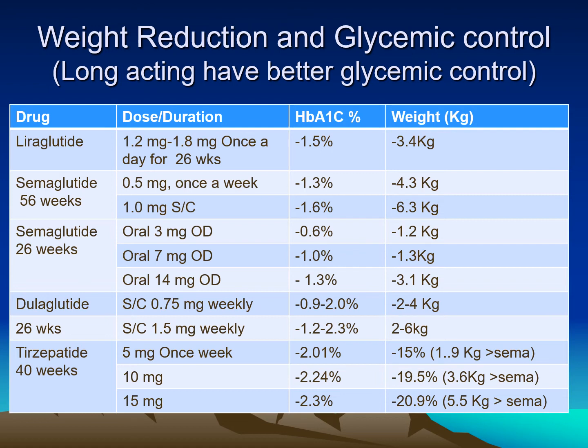And tirzepatide once weekly reduces hemoglobin A1C by 2% to 2.3% and reduced weight up to 5.5 kg or 20%. So overall weight reduction and glycemic control have been achieved better with dulaglutide and tirzepatide.